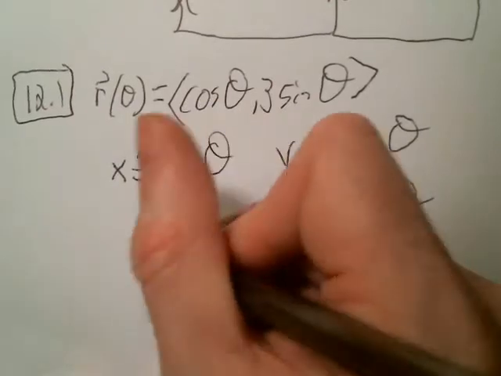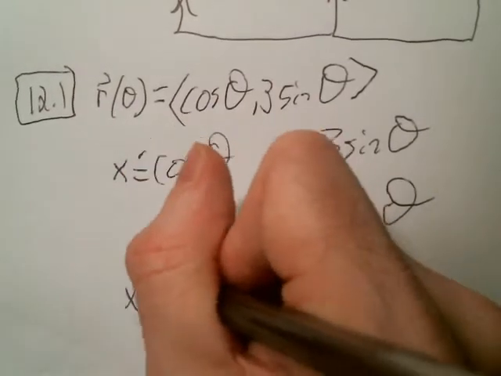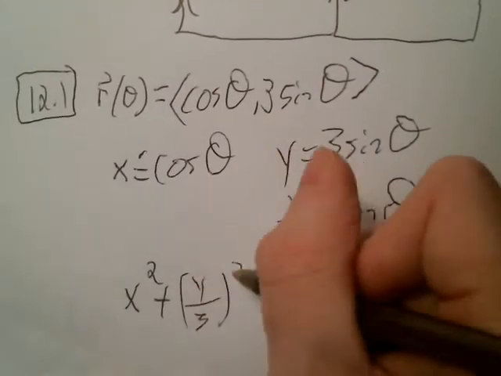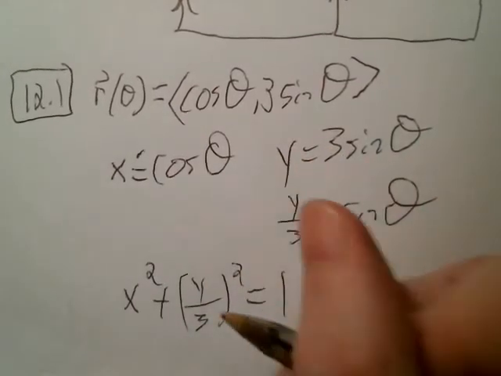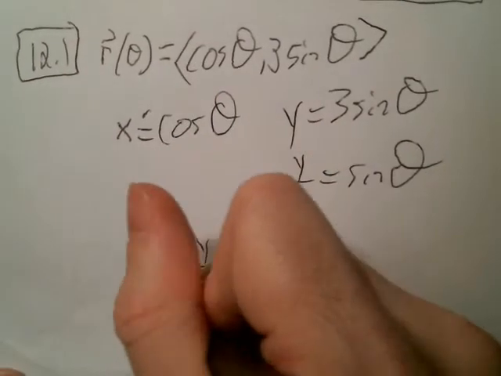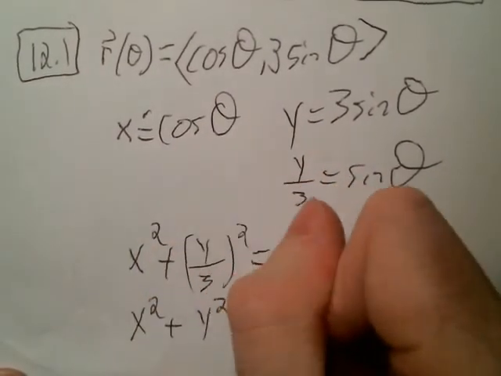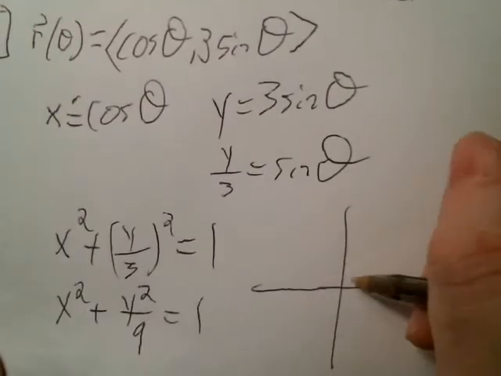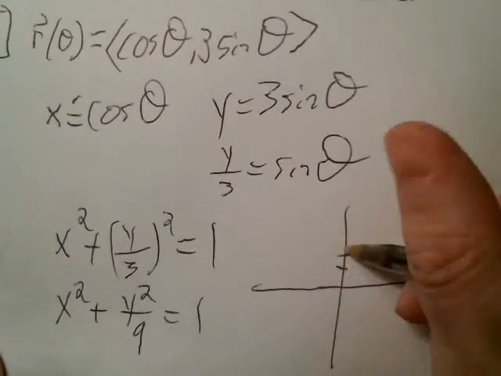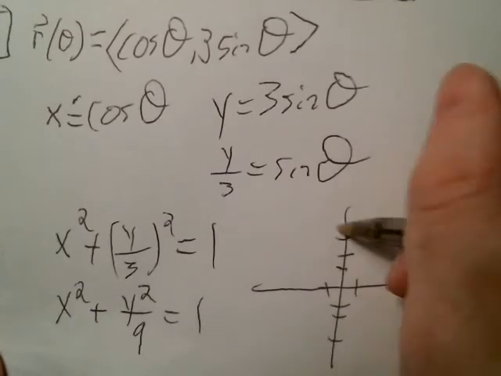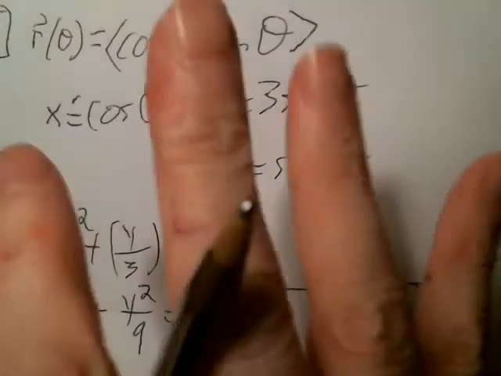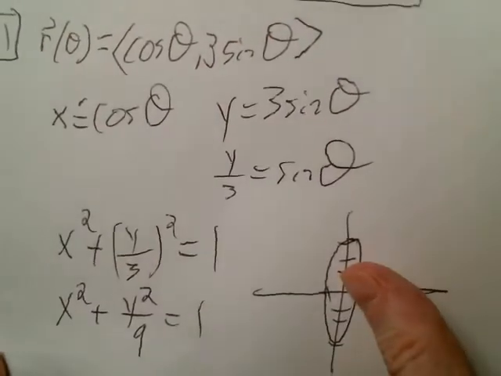So cosine squared is x squared, and then sine squared is y over 3 squared equals 1. And so what is this thing? This thing is just an ellipse. Okay? So the end result is going to look like this guy here. Okay? Hopefully this kind of rings a bell.